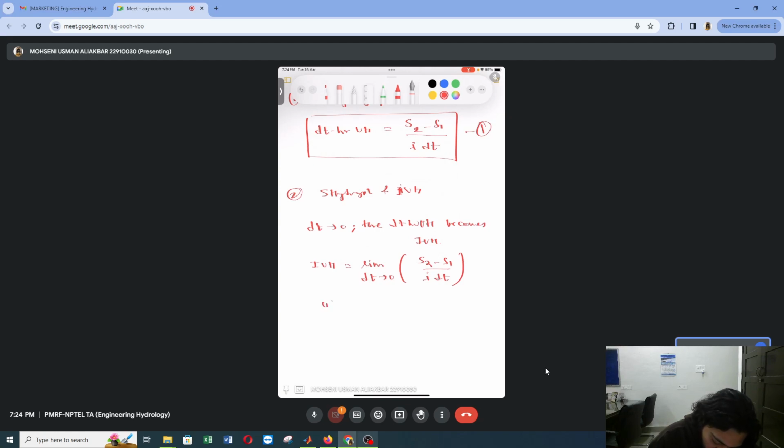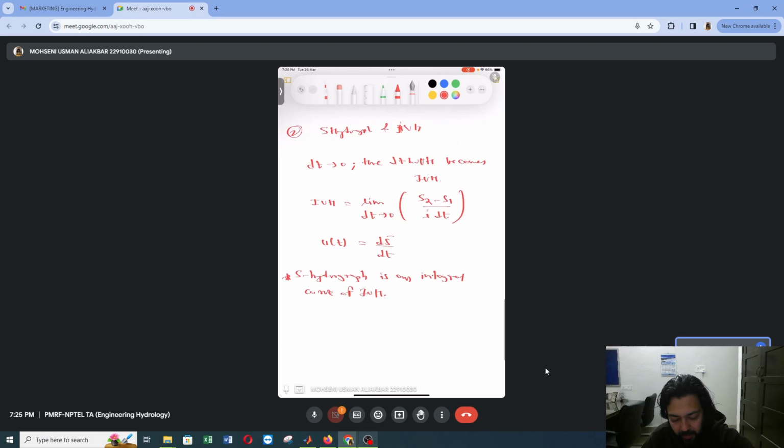So we can write this equation as u of t equals dS by dt. So we can say that the S hydrograph is an integral curve of the instantaneous unit hydrograph, right? So this is the relation between S hydrograph and instantaneous unit hydrograph.